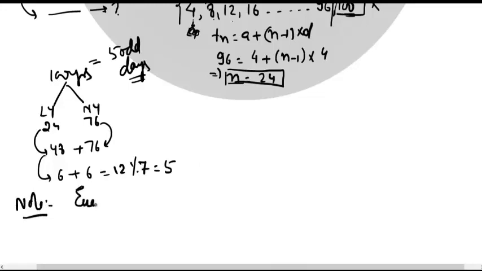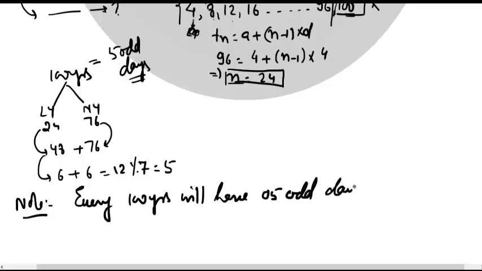The note is, 100 years will have 5 odd days. This is point number 1.